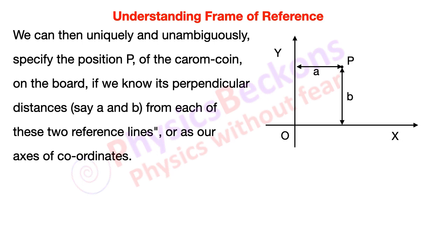Similarly, the perpendicular distance from x-axis, written as B, is the y-coordinate of P. So P is associated with an ordered pair (A, B) in that order. A is the x-coordinate and B is the y-coordinate.